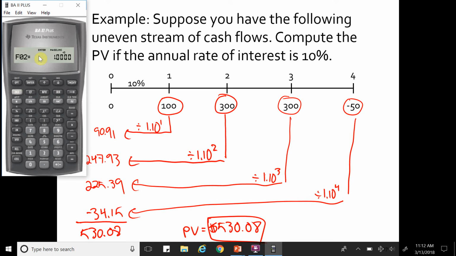And if we leave this at 1, we can type C03 as 300 directly, and then type C04 in as negative 50. And you see our F04 is set equal to 1.